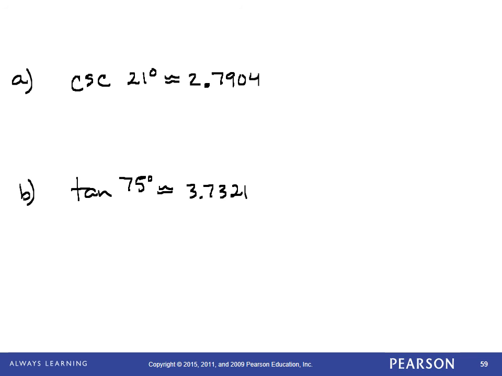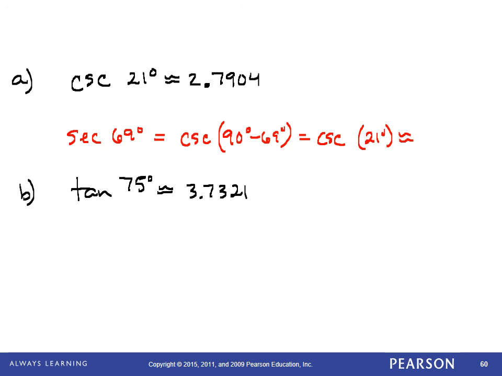So if cosecant of 21 degrees is approximately 2.7904, technically speaking, secant of 69 degrees is the same thing as cosecant of 90 degrees minus 69 degrees. You have to do a little bit of work here. This is going to be cosecant of 21 degrees. And we're given the approximation for cosecant of 21 degrees, which is 2.7904. Again, it's just practicing with it.